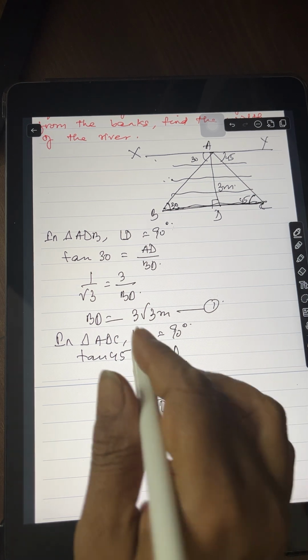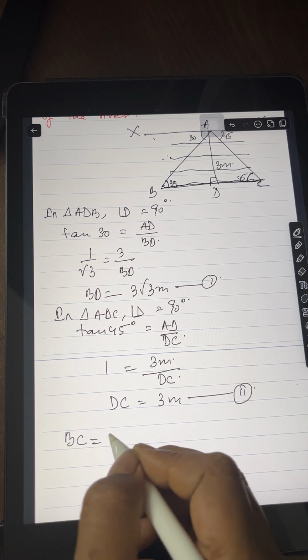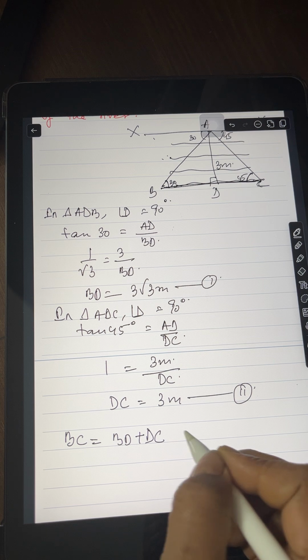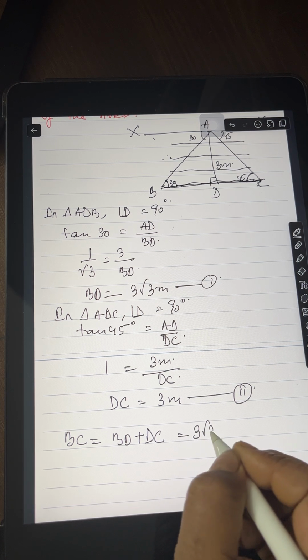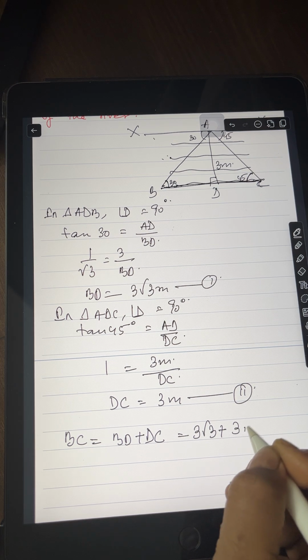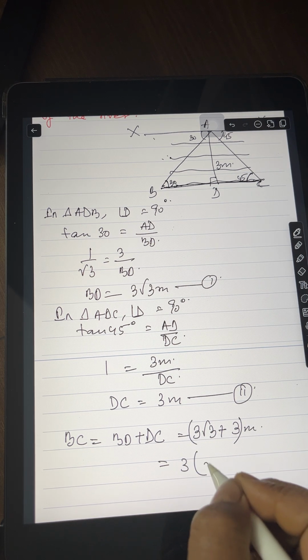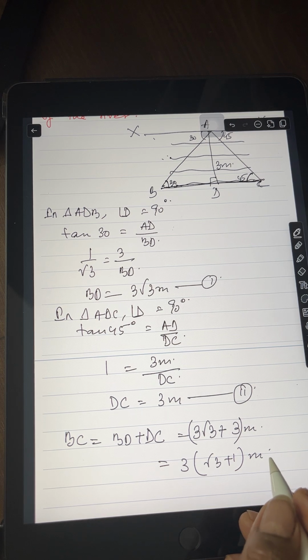Now you will have to add both. So BC is equal to BD plus DC. What is BD? BD you got as 3 root 3 meter, plus 3 meter. Now 3 root 3 plus 3 meter. Now this is your answer.